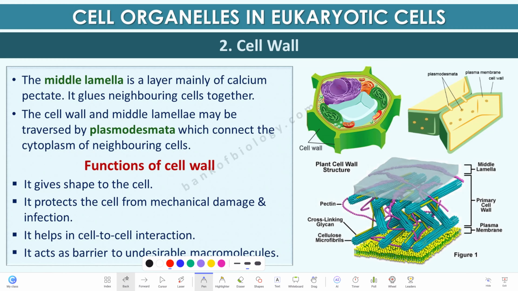Vibrio. What is it? Comma shape. So here, the cell gets its shape from what? The cell wall. It prevents bursting of the cell and helps the cell to communicate with other cells. Name the channel for communication between cells. Plasmodesmata. Okay, for communication.